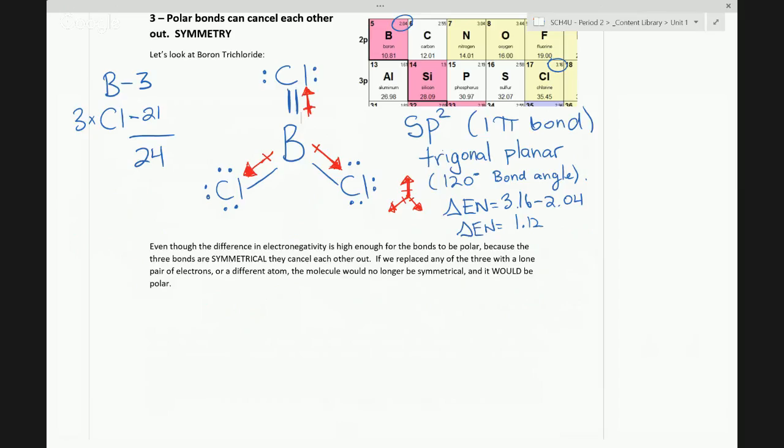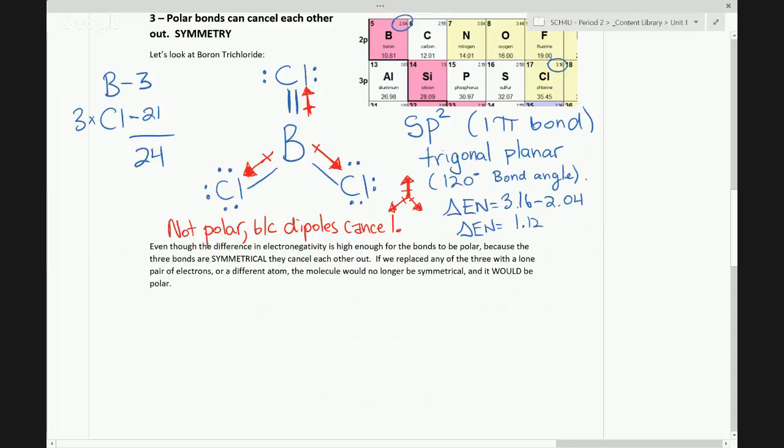So we say that even though it has 3 polar bonds, this whole thing is not polar, because the dipoles cancel each other out. And that happens because they're symmetrical.